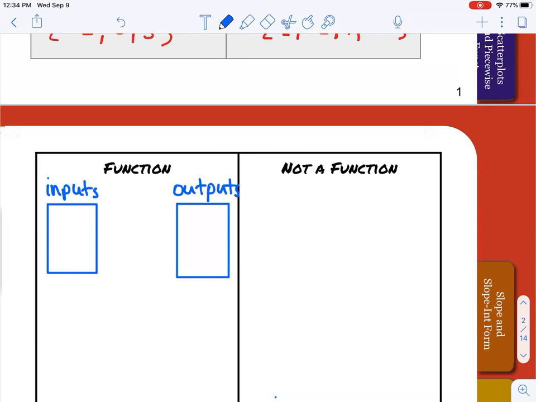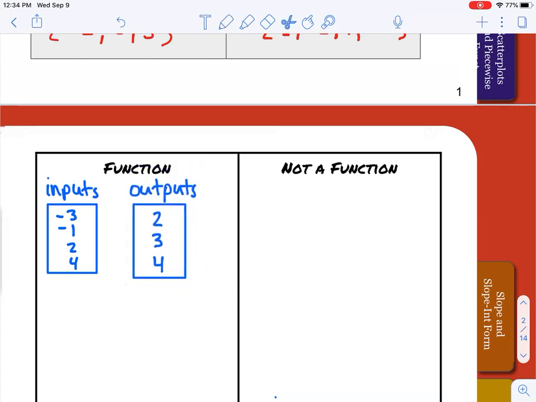So we have -3, -2, -1, 2, and 4 in our inputs, and 2, 3, and 4 as outputs.